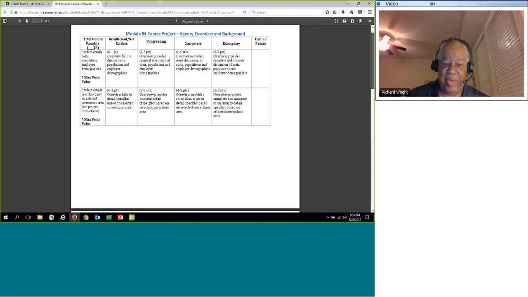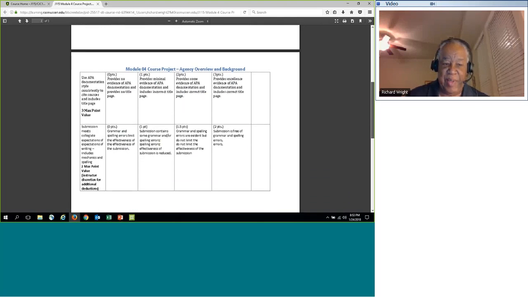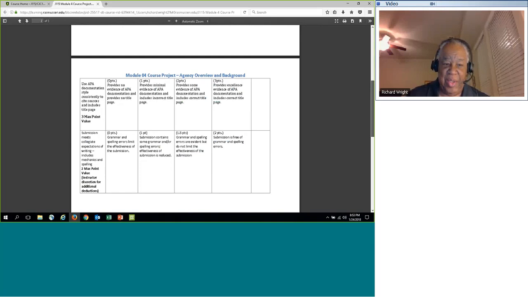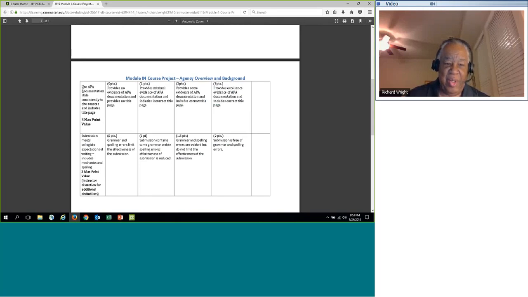So you have to go down to the next page. So then it says here, using APA, and then your grammar included. 5 points. Now, it says use APA documentation consistently, citing sources, that's why I said, and include a title page. But you got to make sure that you include a citation and references.